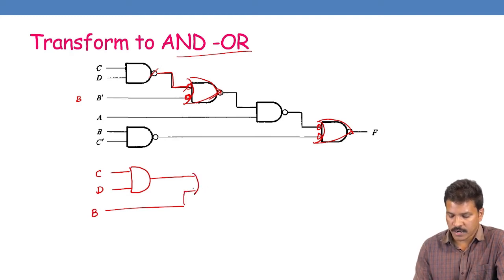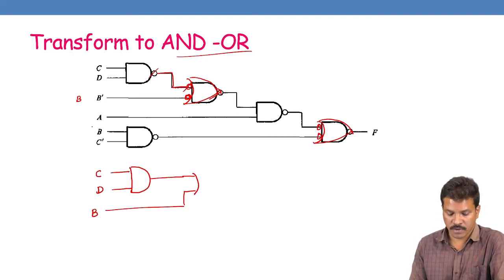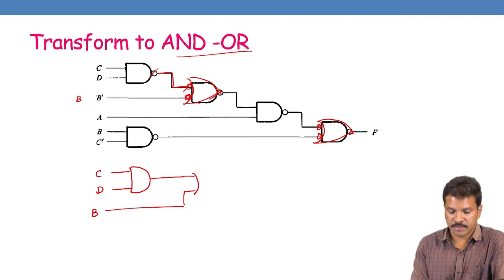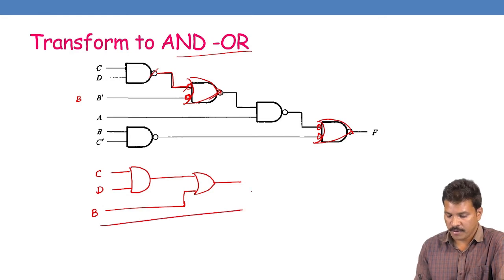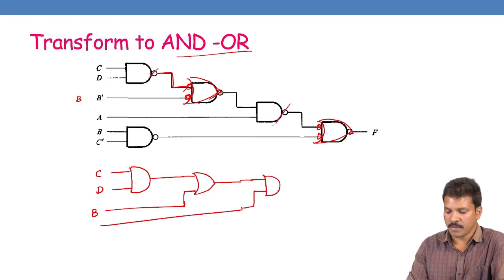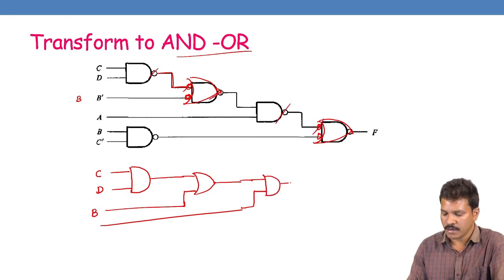Two bubbles cancel, so I am replacing this B complement and bubble; we can take term B. So I am taking this simple OR gate, and this A term with this one. A term AND, because I am taking AND, this bubble cancels.